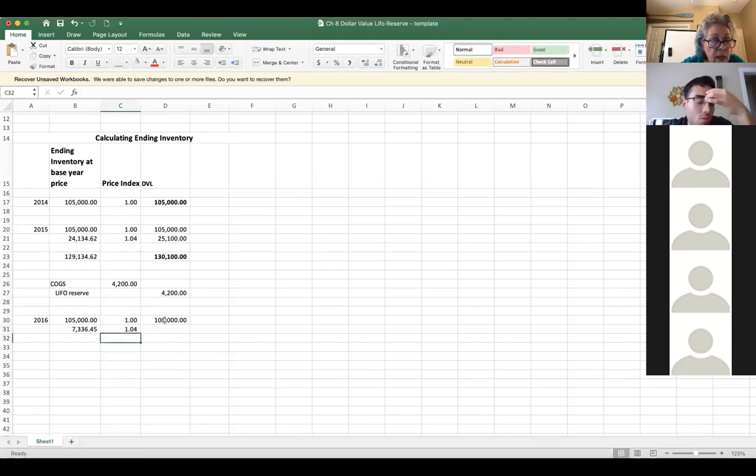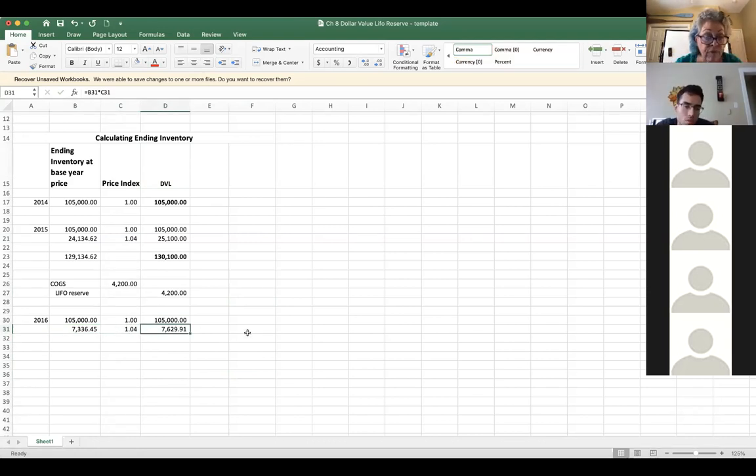Okay. And I'm going to then do the same thing, multiply to now get what is ending inventory at DVL, now including not only the quantity, but the price change.